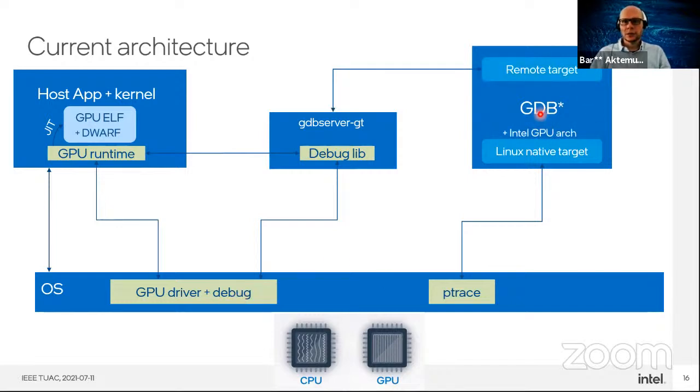And finally, inside GDB, there is also a remote target, which is connected to this GDB server for GT, plus there are definitions specific to the Intel GPU architecture. And in the demo, what you saw was that inferior 1 was this actual Linux native target, and inferior 2 was for the remote target.